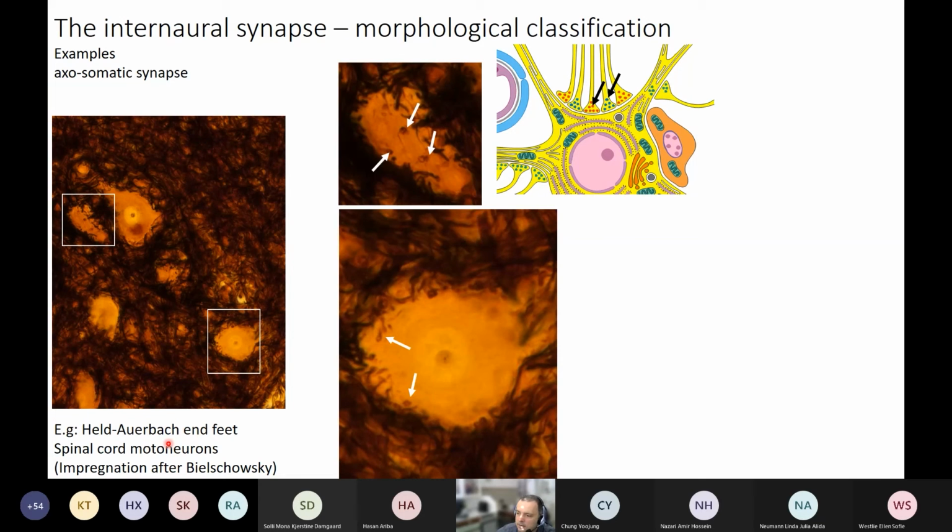The head, Auerbach, and foot or end feet are what they are also called in the literature. Now, you can imagine that if this cell has these little synapses on its surface, the cell is relatively large in comparison to these little connections. So finally, if the entire cell is covered by similar synapses, several hundreds or even more than 2,000 synapses can be on the cell body, and even more on the dendrite.